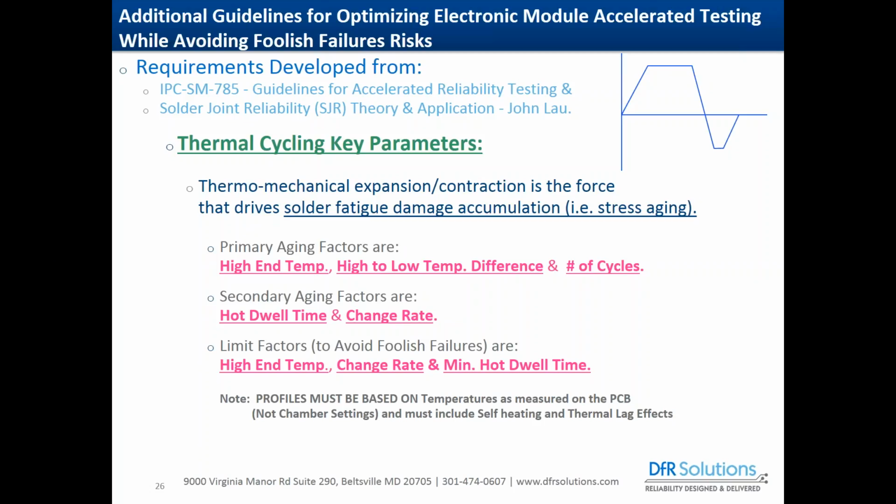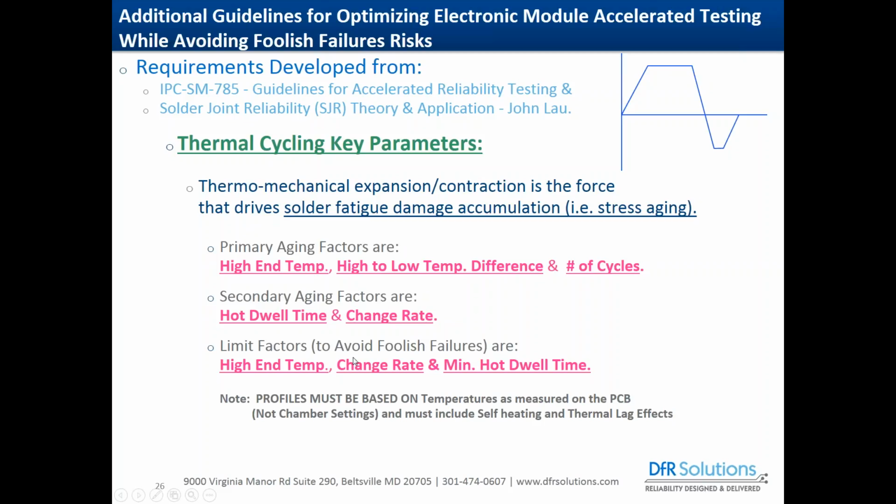Now, the limiting factors that you have to watch out for to avoid foolish failures are if your high-end temperature is too hot, if your rate of change is too rapid, and if you do not have a certain degree of hot dwell time.